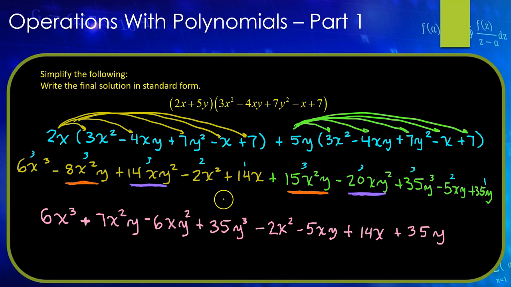I then have the 35y cubed. Then the minus 2x squared, the minus 5xy. There's no y squared term, so I move on from that. I move on to the 14x. There's a plus 35y term, and then there's no constant term. So that's my final answer down here with all the terms that you see.